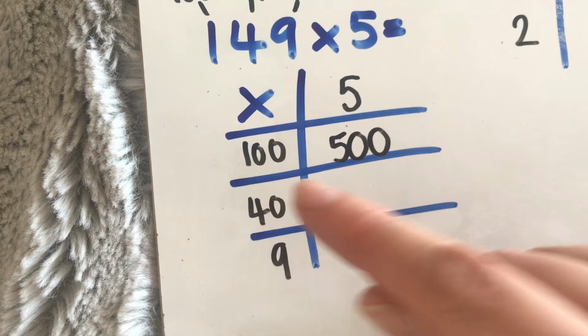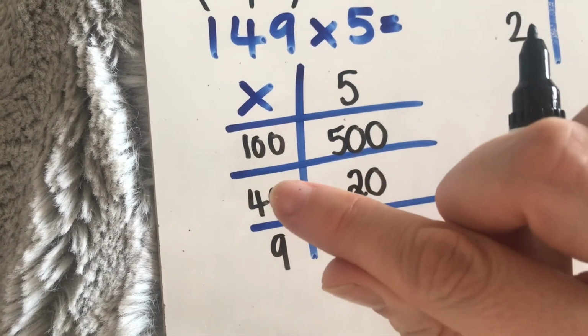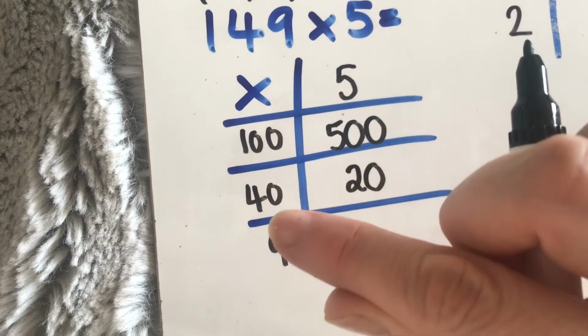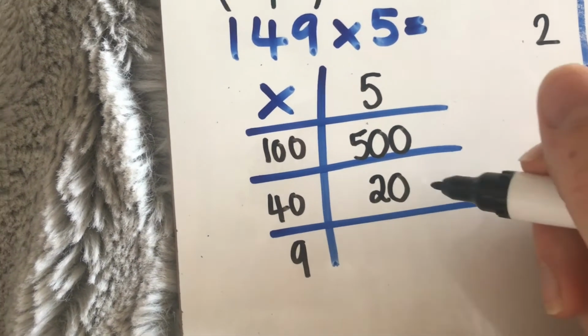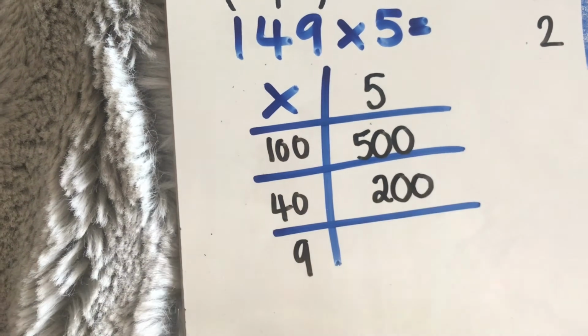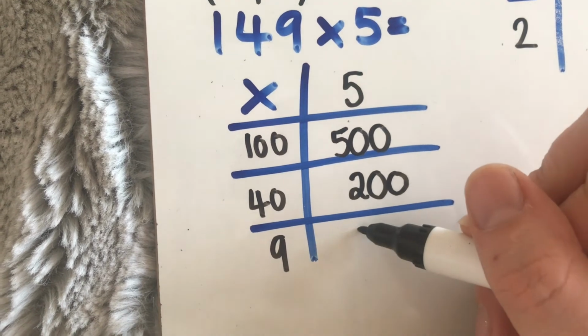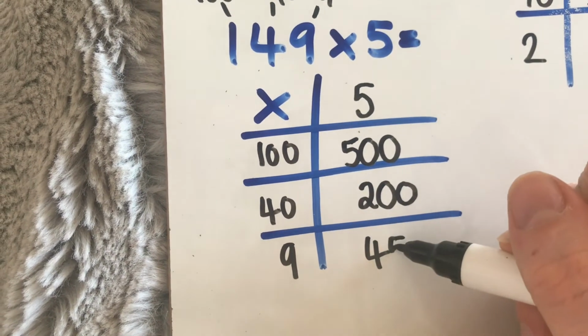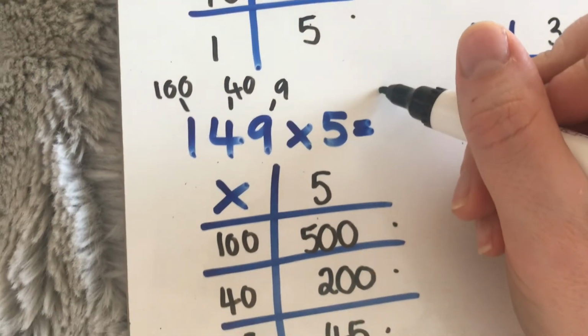So I've got 4 times 5 is 20. I've taken off the 0 to get the answer 20. I'm making my number 10 times bigger again, so you need to add a 0 onto the end here, so it's 200. Then 9 times 5 is 45. You need to add these 3 numbers all together to find the answer.